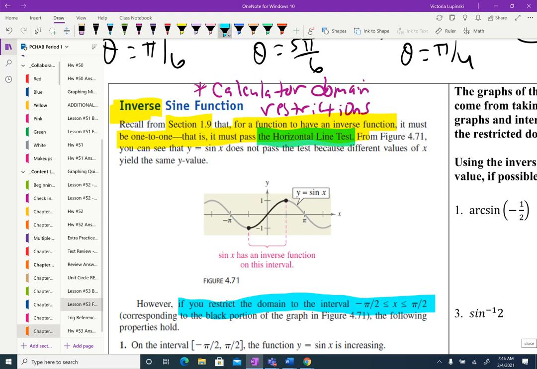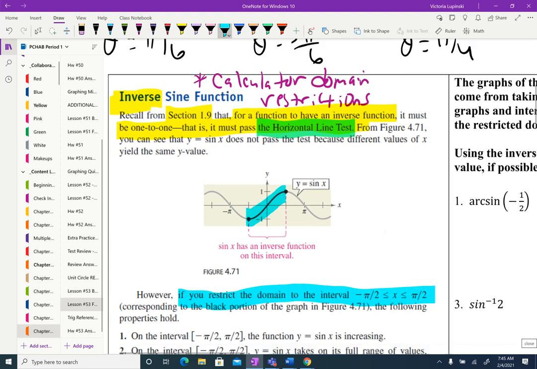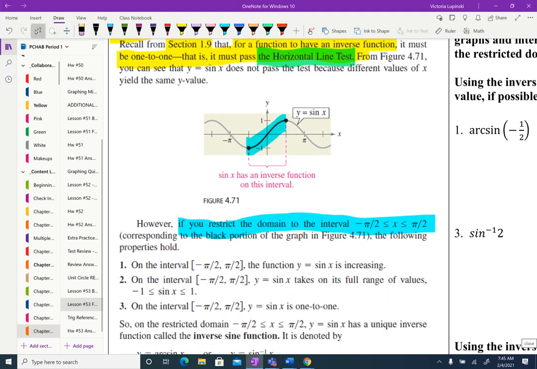We're always going to choose the same portion. And that portion is going to be the portion of the sine wave between negative pi over 2 and positive pi over 2. So again, you're not going to have to memorize any of this because you're going to have this information in front of you, but you just have to make sure that you know what you're looking at.